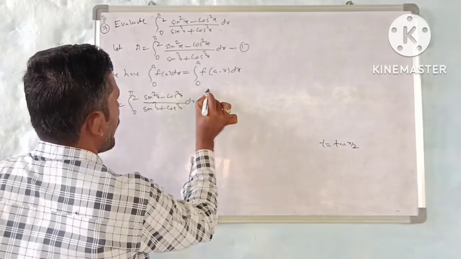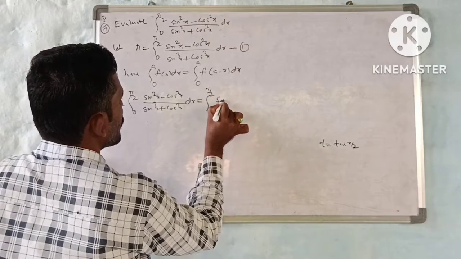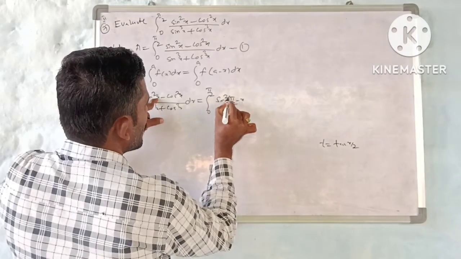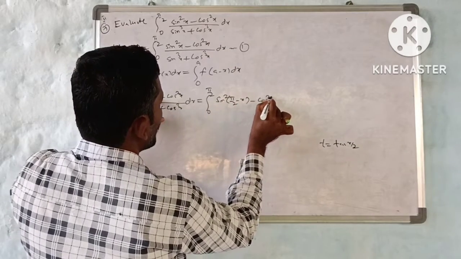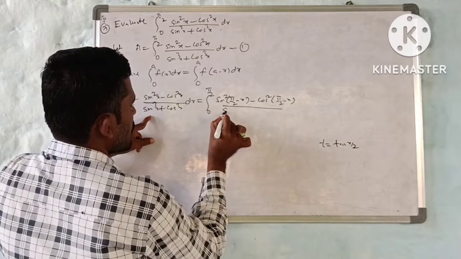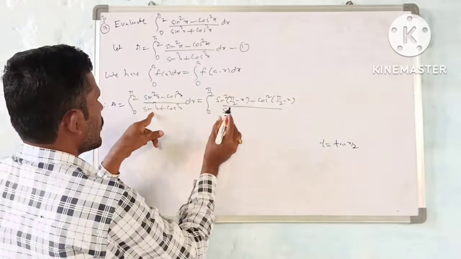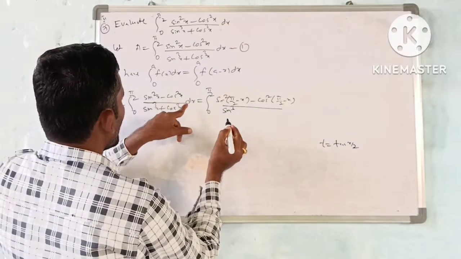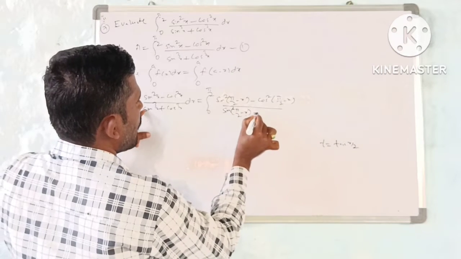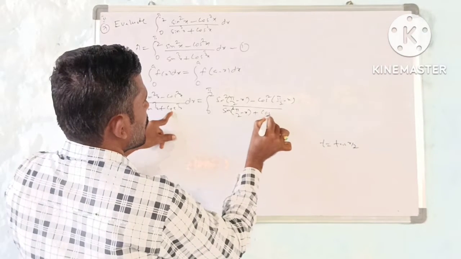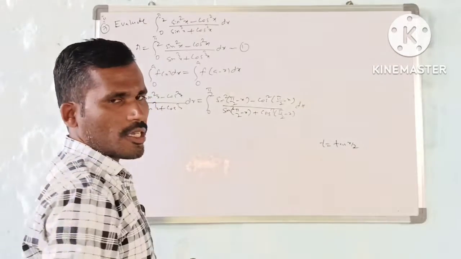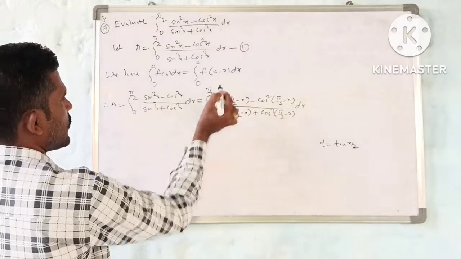So the integral from 0 to pi by 2 of (sin square of (pi by 2 minus x) minus cos square of (pi by 2 minus x)) all by (sin cube of (pi by 2 minus x) plus cos cube of (pi by 2 minus x)). With the use of this property only.